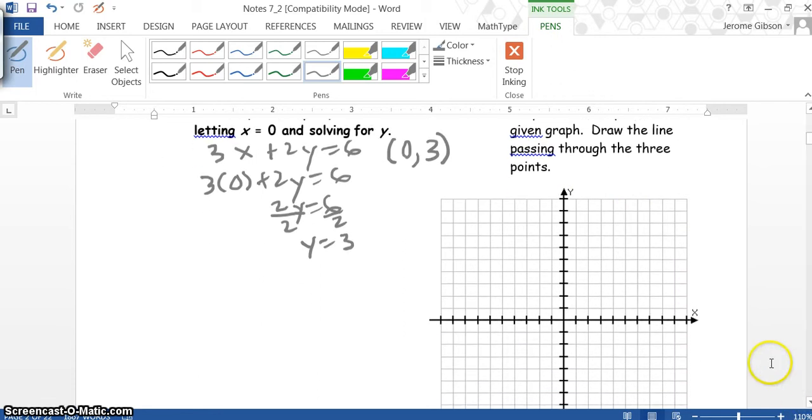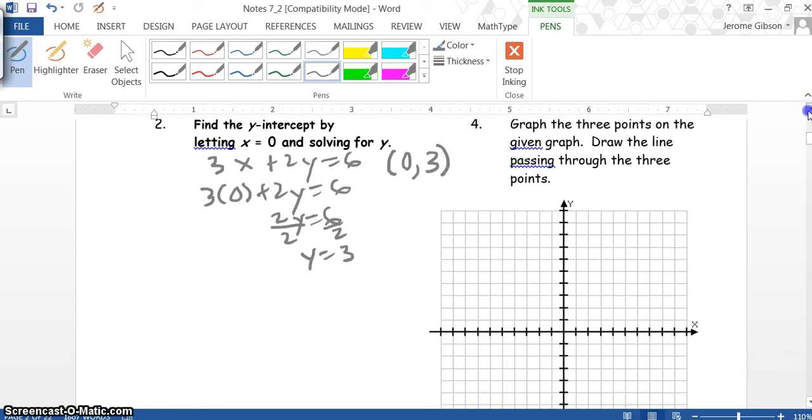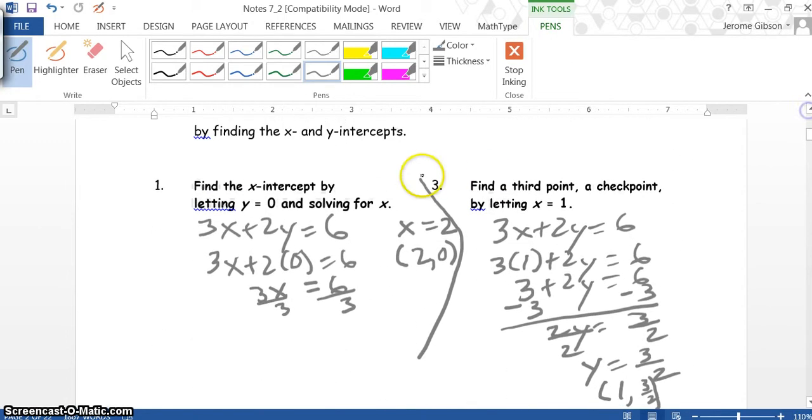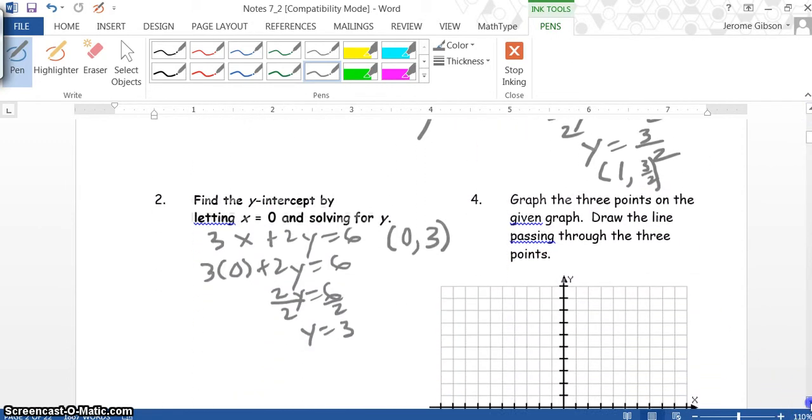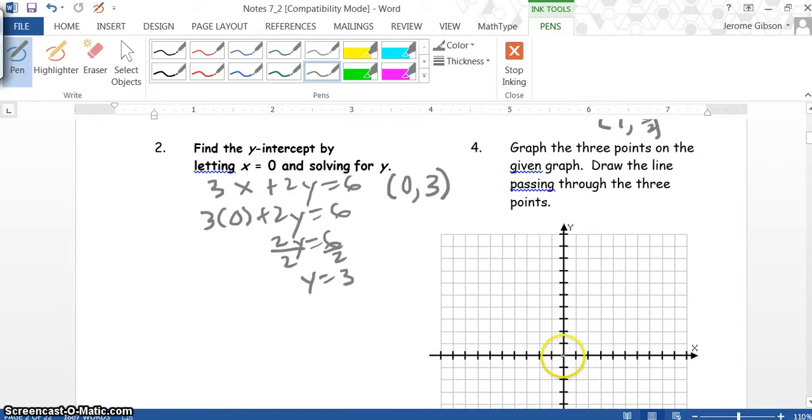Okay, now first of all, we know, going back up here, that our x-intercept is 2, 0. So we will plot 2, 0. We'll go to the origin, move 2 to the right, and since y is 0, that'll be our point, 2, 0. Now we would do the y-intercept. The y-intercept is 0, 3.